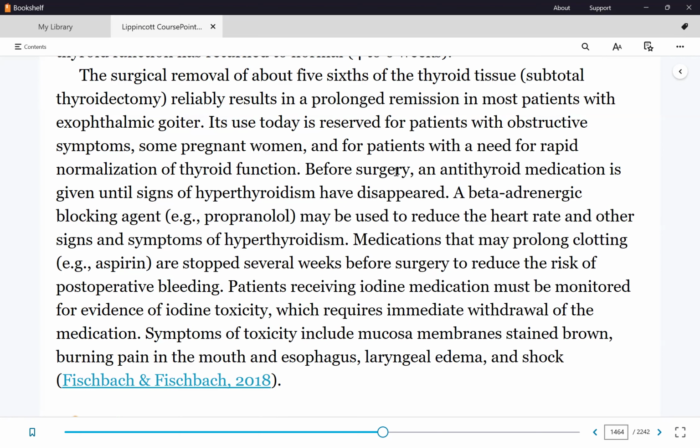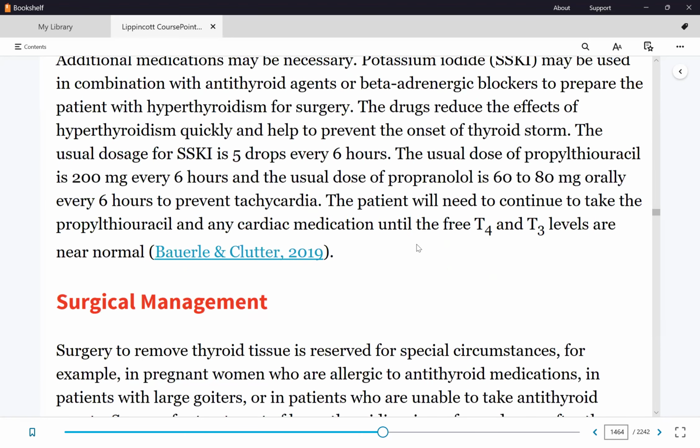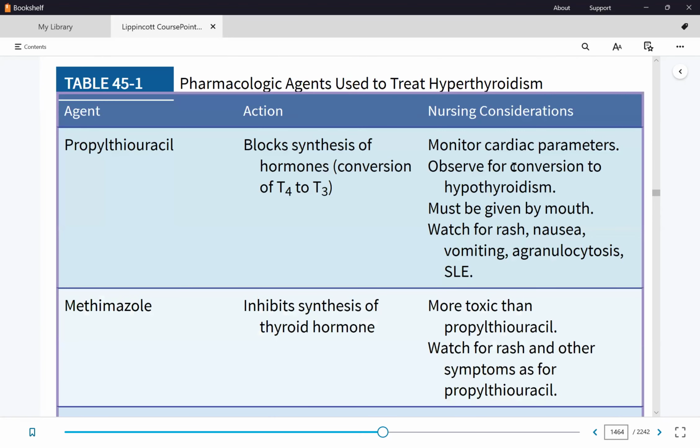Again, let's say this patient is pregnant. Yes, teratogenic, but if you read the drug book, it's not mentioned here in the chapter, but the drug book is very specific regarding methimazole and PTU.